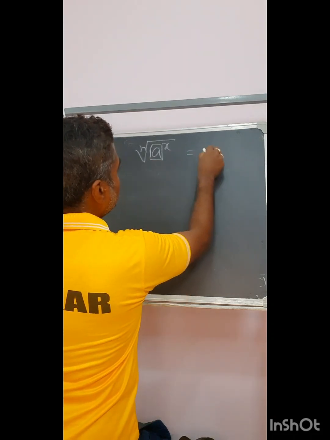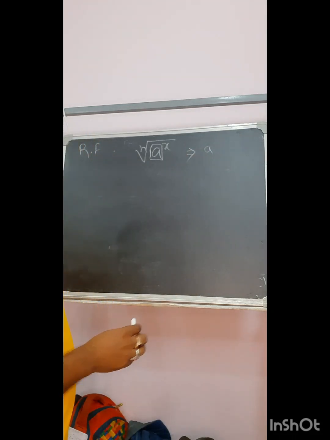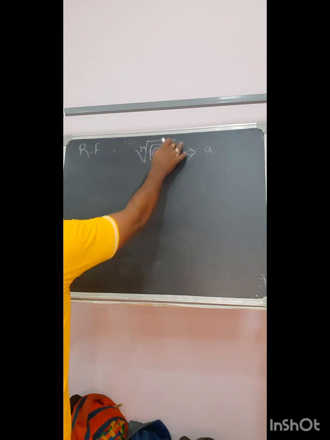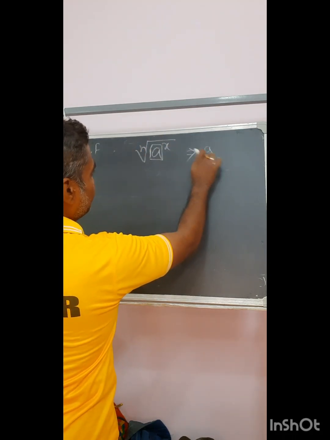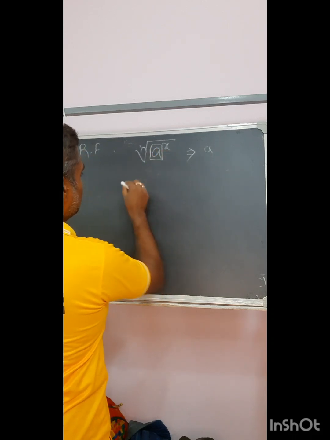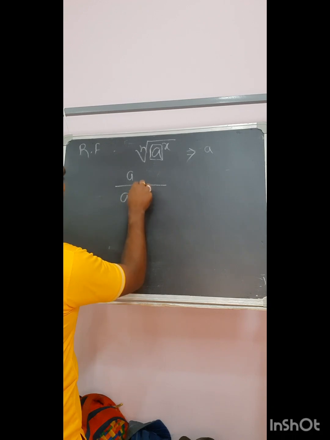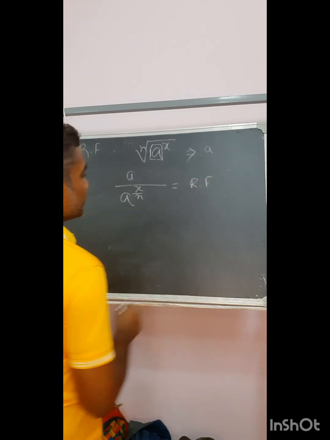Your target should be to bring it to that rational number after rationalizing the term given. So to bring it to the term inside that rational number, the simplest thing is you have to divide this with the term given. Then this will be your rationalizing factor straight away.